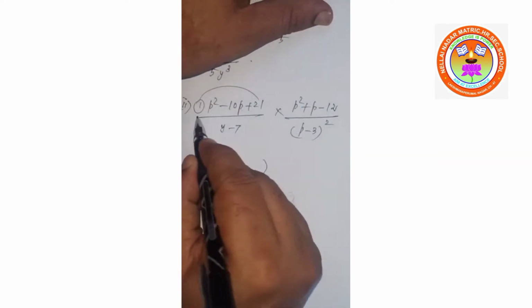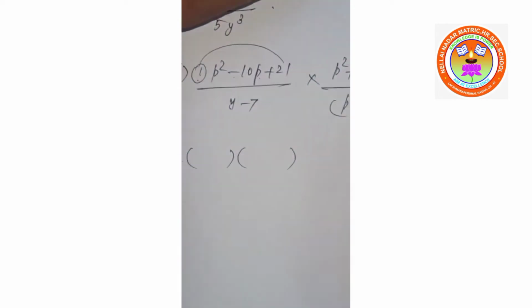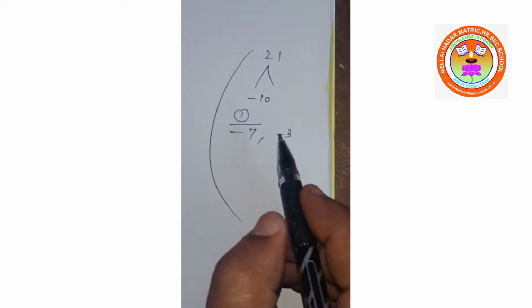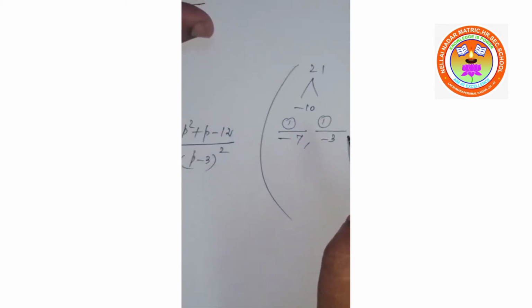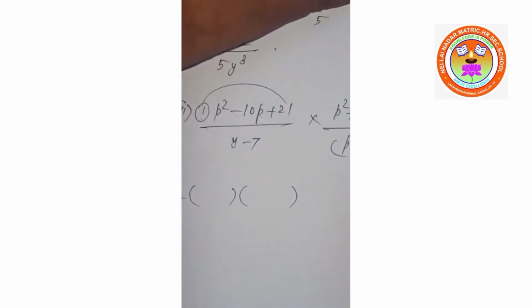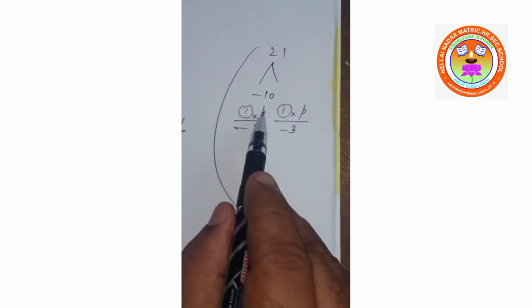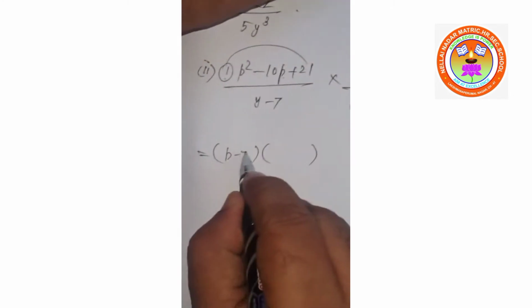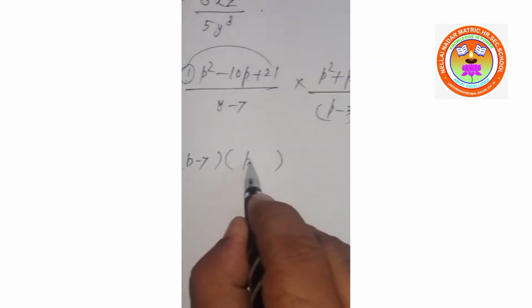We need factors. It is a polynomial, so we need factors. So consider the coefficient of p squared and write in numerator, 1 in numerator. Into variable we have p, so into p. So the two factors are 1 into p minus 7, another one p minus 3.